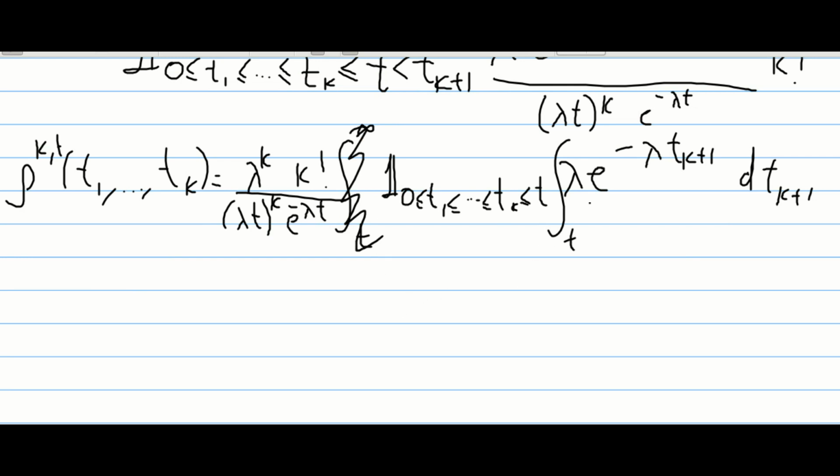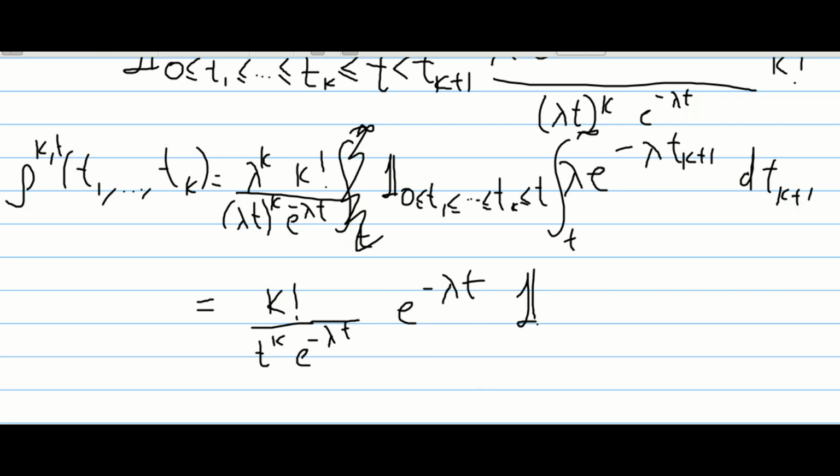And what's the integral of the exponential, especially with this nice constant factor in front? Let's already do the cancellations here. We get k factorial over t to the k, e to the minus lambda t. And this integral is going to be exactly e to the minus lambda t, because that's where we're integrating from. And the lambda cancels because it goes down when we integrate the exponential.